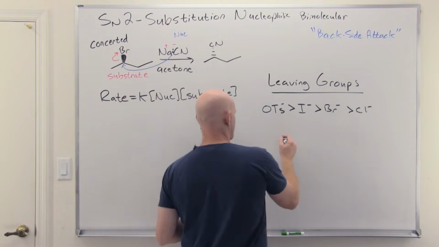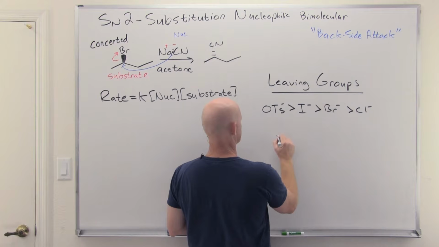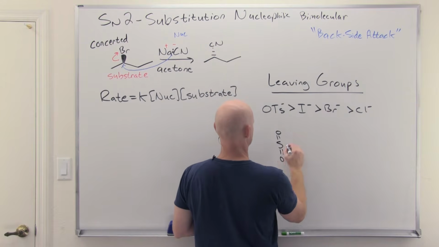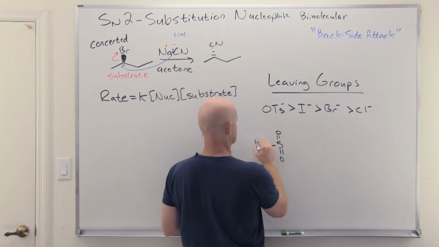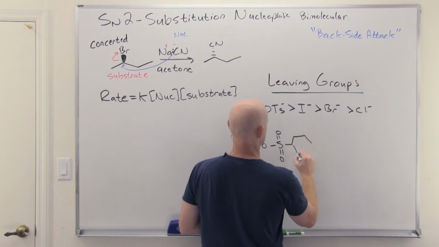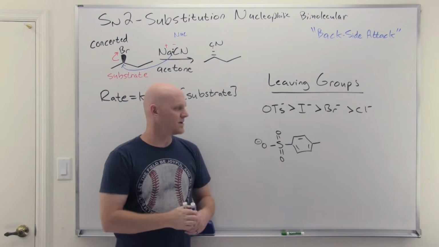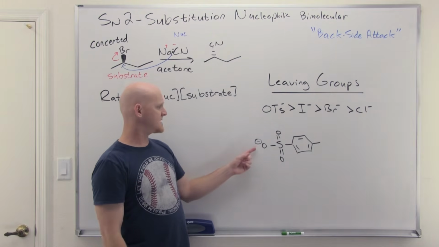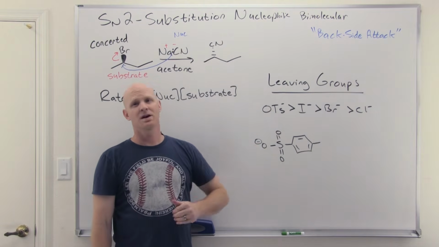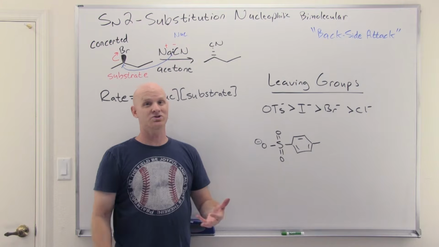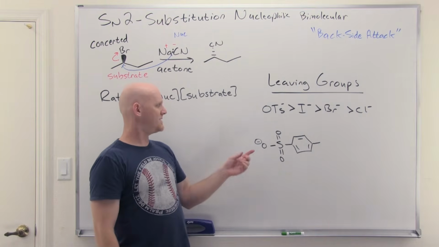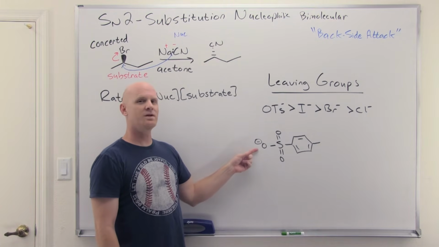And if you take a look at what its structure looks like here, it looks like this. And it's a super weak base, because in this case, the negative charge on oxygen, usually we associate a negative charge on oxygen as being a strong base, like on hydroxide, but not in this case, because it's stabilized with resonance.